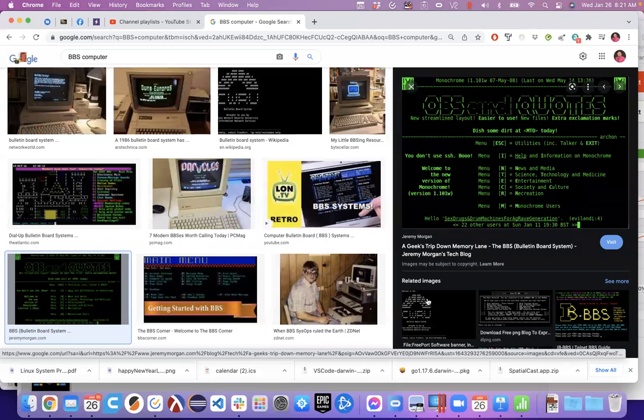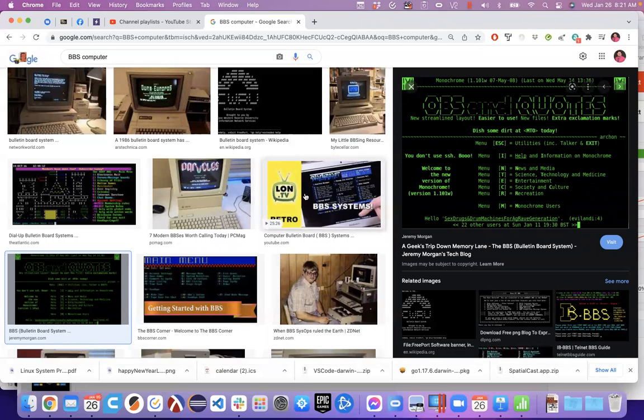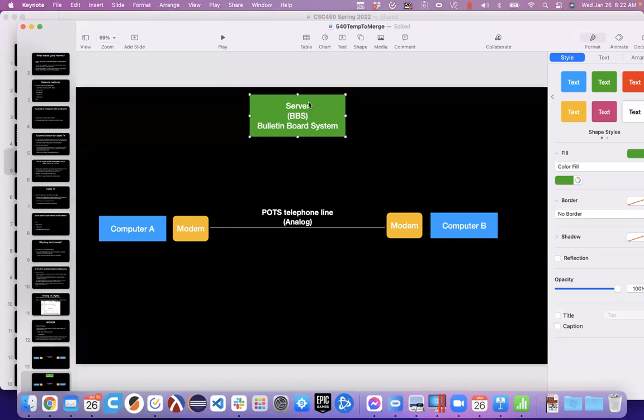Some of the early games were called MUDs, multi-user dungeons, all text-based, nothing graphical. So this was the predecessor to the internet, where we still had different people on different computers connected together into a central world, but that entire world was housed inside of this BBS, this guy right here.